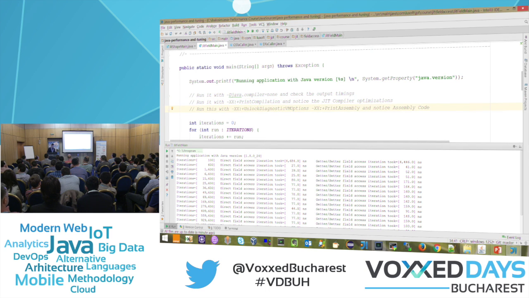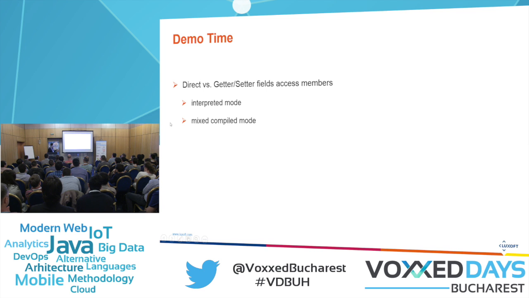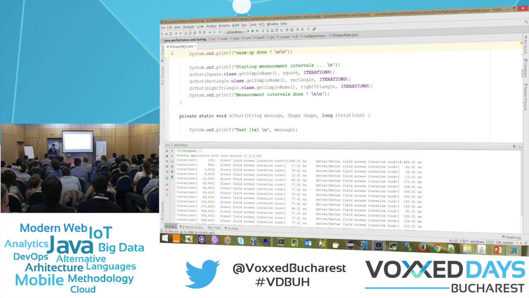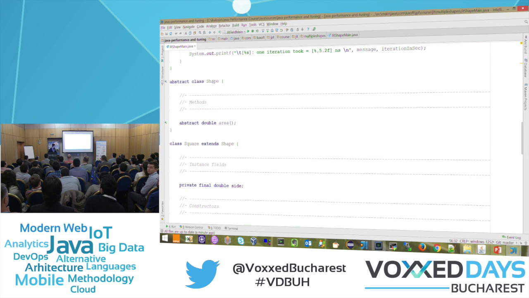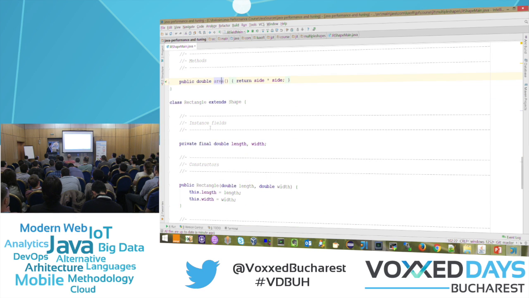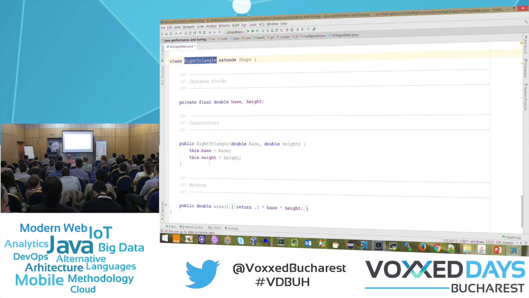Okay, the second scenario. We discussed direct versus getter and setter, and for the second scenario, let's focus a bit on monomorphic, bimorphic, and megamorphic virtual method calls. For that, I have another source file. I have a shape, an abstract class, and my shape is extended by a square that does the area. It's extended by a rectangle that does the area as well, and it's extended by a right triangle.